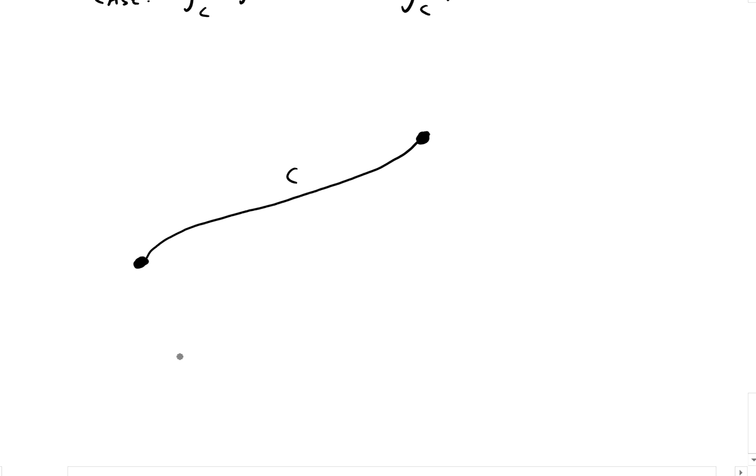Basically, what we can do is split this curve up. We're taking the integration over the curve C of this complex function, so we're taking the complex integration from Z1 to Z2. We can split this curve up from here: we're going to call that part C1 and that part C2. So from here to here is C1, and from here to here is C2.